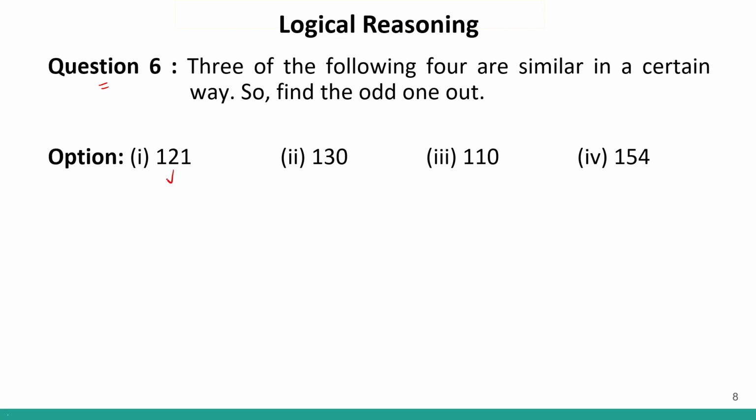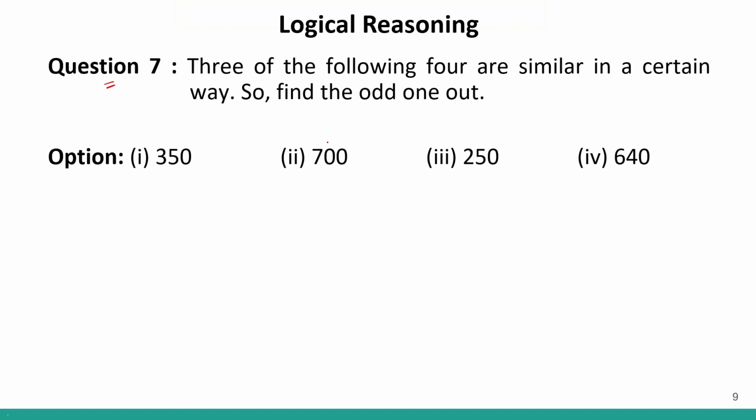No. Only 121 is a perfect square. Which number's square is it? It is 11 square. So 11 square is 121. So this is the only number that is a perfect square. Therefore, our answer will be 121. Clear?